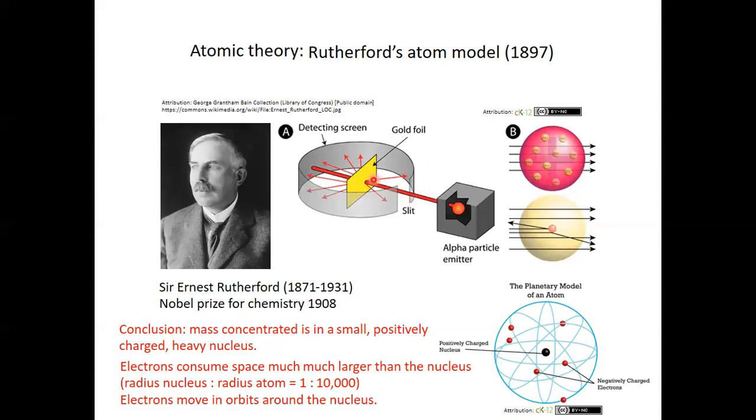Thank you. So you see here a gold foil, which is very thin, only about 2,000 atoms thick. And that gold foil here is surrounded by photographic film. And you see here on this side a box.